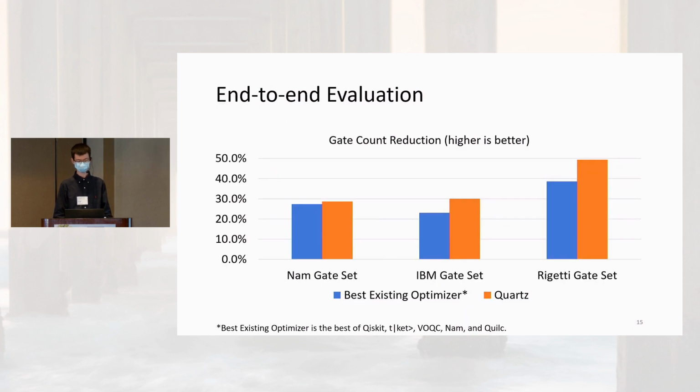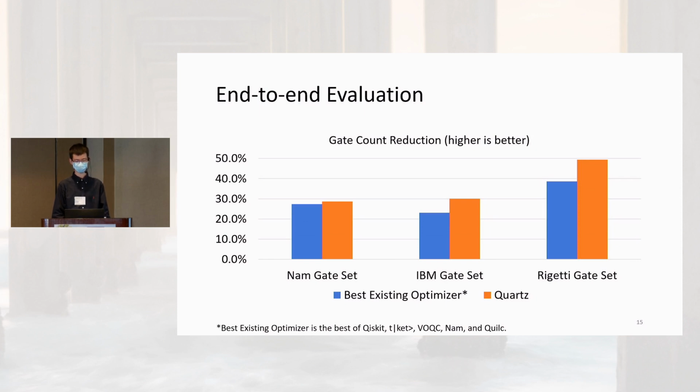Now let's look at some end-to-end evaluation. This is the geometric mean reduction in the number of gates on a benchmark of 26 circuits, so higher is better. For each gate set, we pick NQ, generate NQ complete ECC transformations, and optimize each circuit with the generated transformations.